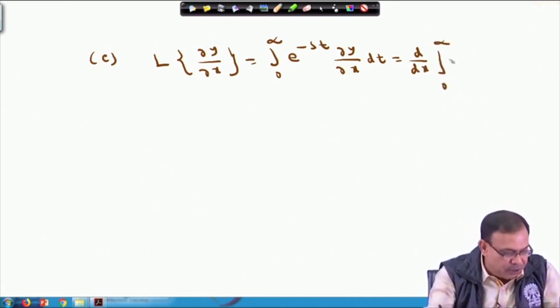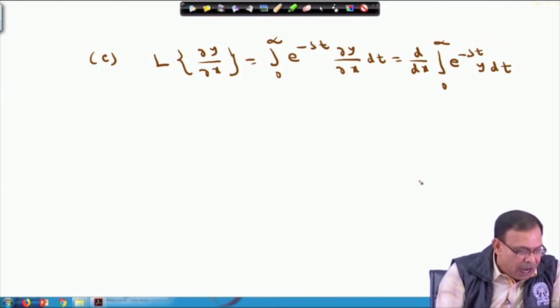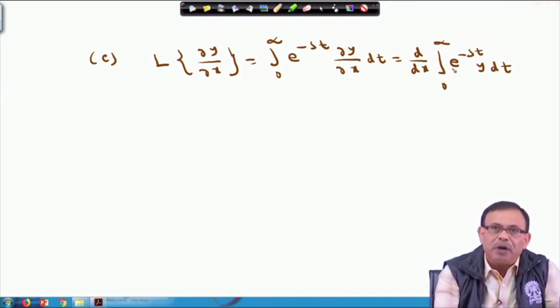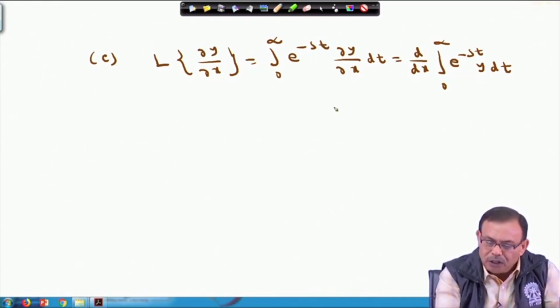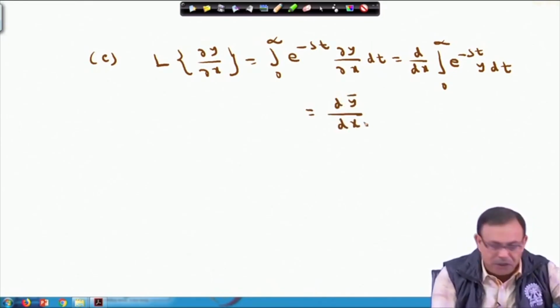So d dx of the integral from 0 to infinity of e power minus s t into y dt, and this is nothing but the Laplace transform of y, or y bar. So you can write this as d y bar dx.